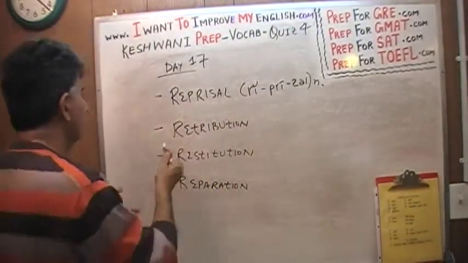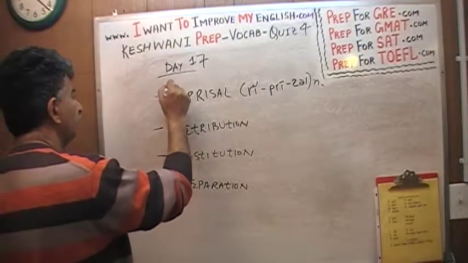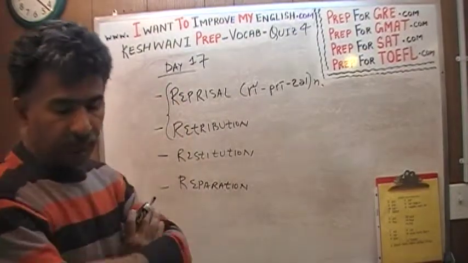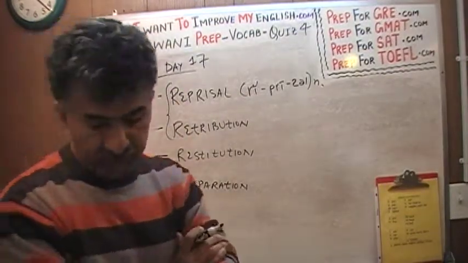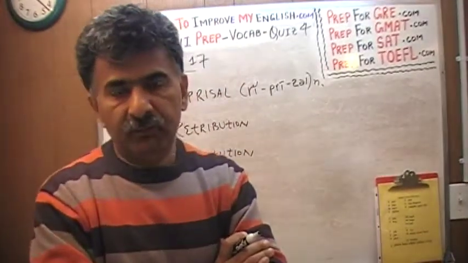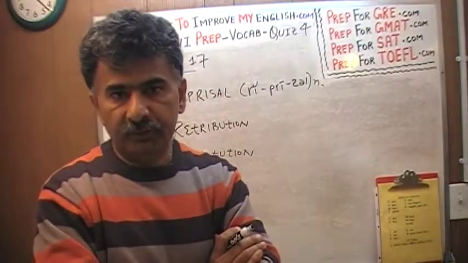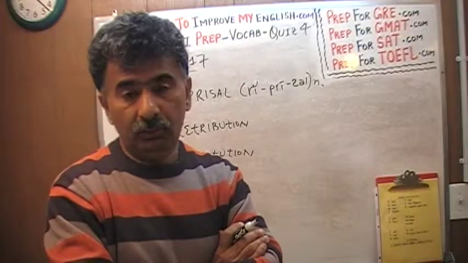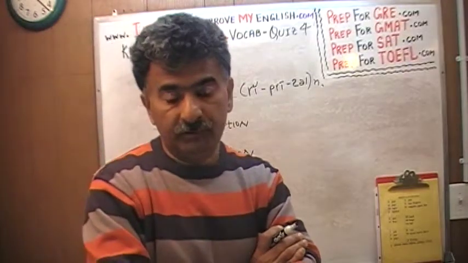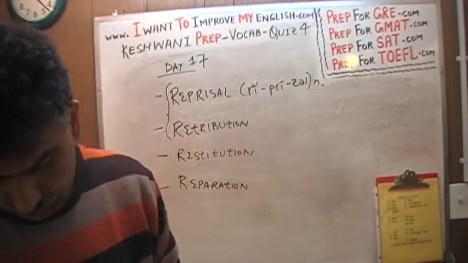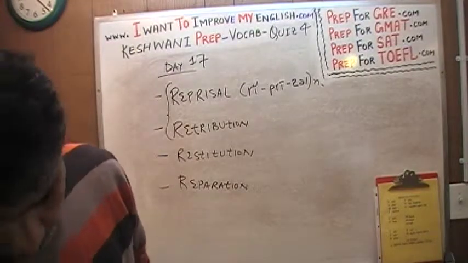Retribution is the next word, and retribution and reprisal mean the same exact thing. It just basically means you require payment for the damages that somebody has done to you, injuries somebody has caused to you, or you go and inflict the same damage and same injuries to that person. Take your revenge.